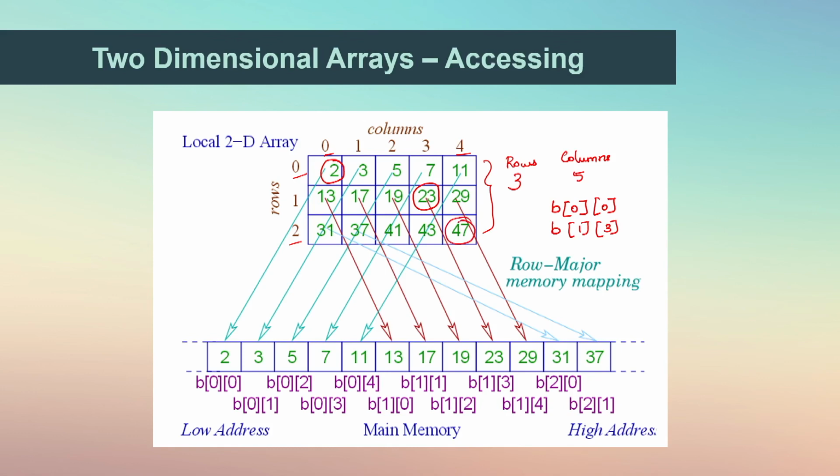To represent 47, we take the last value of the row subscript, which is 2, and the last value of the column subscript, which is 4. So, last row, last column. That is represented using B of 2 comma 4.